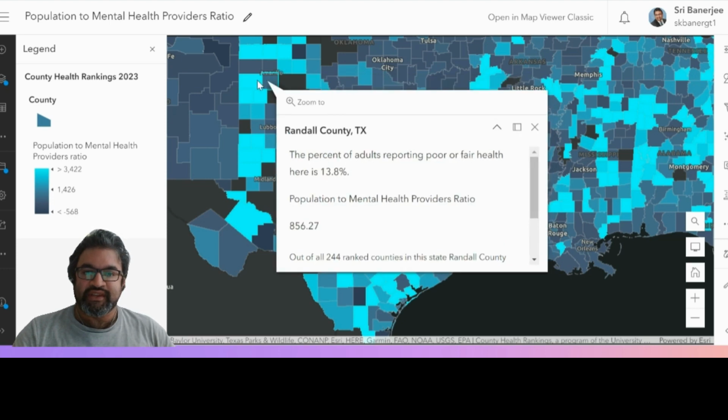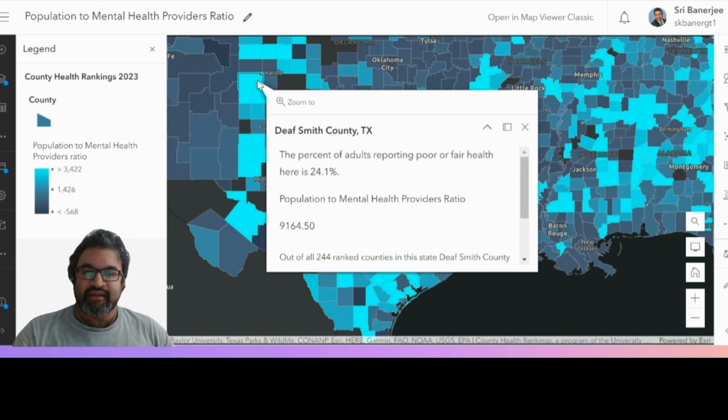However, when we go to neighboring counties, there's a really poor number of providers per population. So this is up to 10,000, which means there are hardly any providers for the population, which is sad.